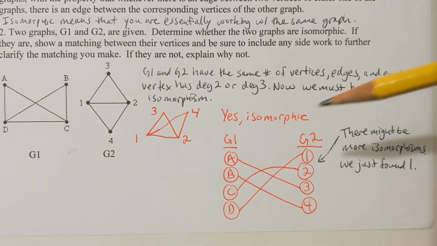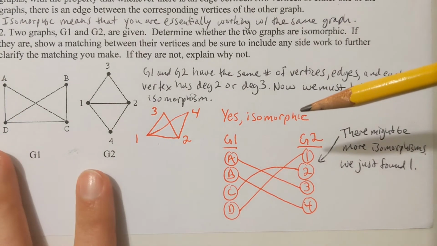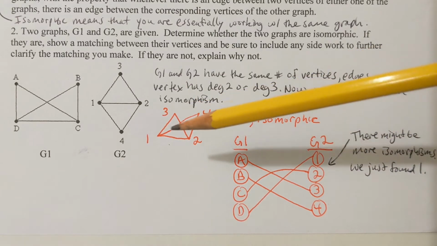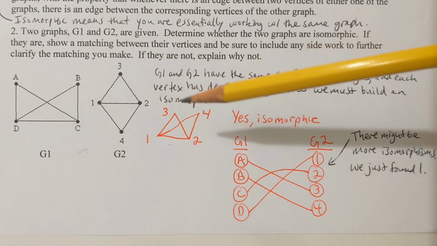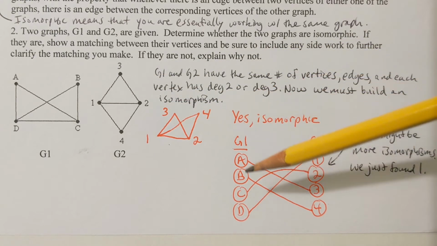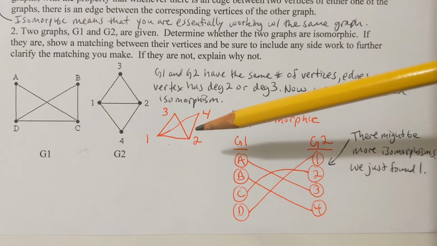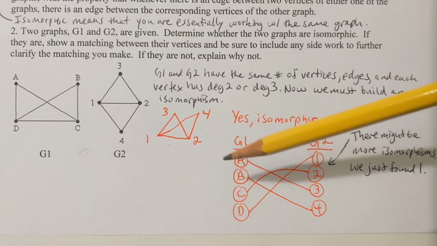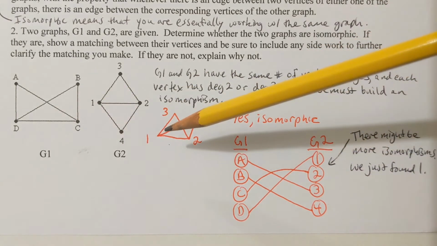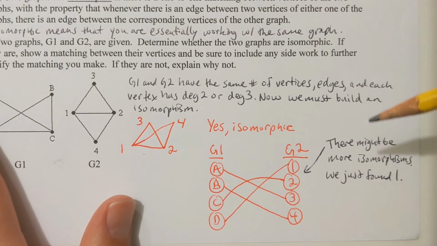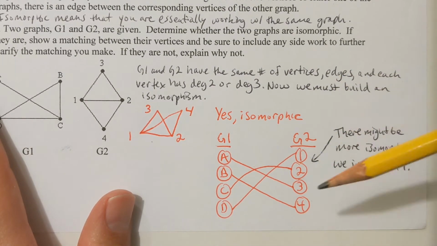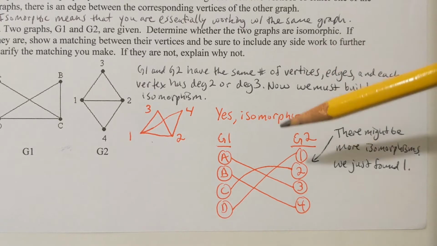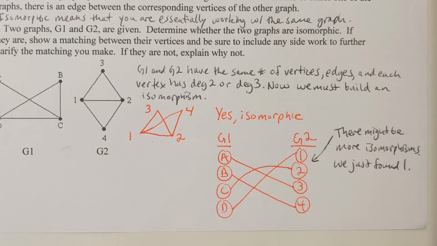For G1, vertex A goes to vertex 3, vertex B goes to vertex 4, vertex C goes to vertex 2, and vertex D goes to vertex 1. Now there might be more isomorphisms. We're not saying that this is the only one. It's just that we found a matching.